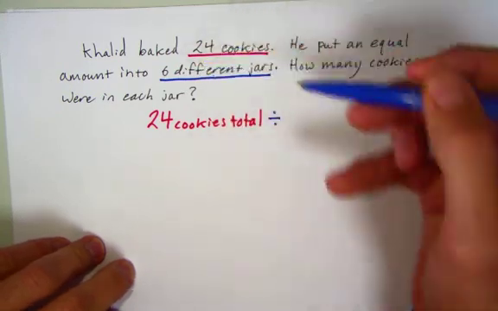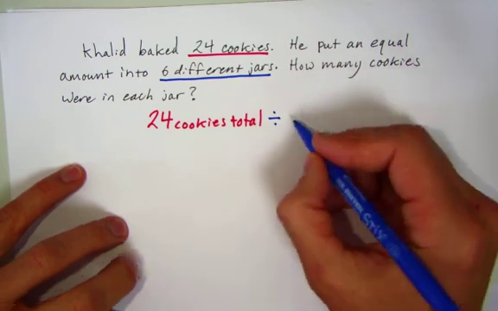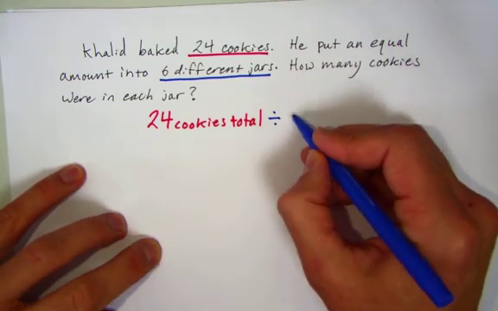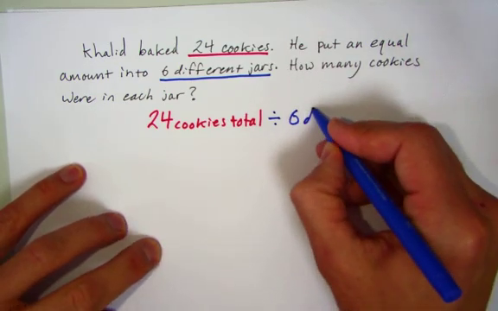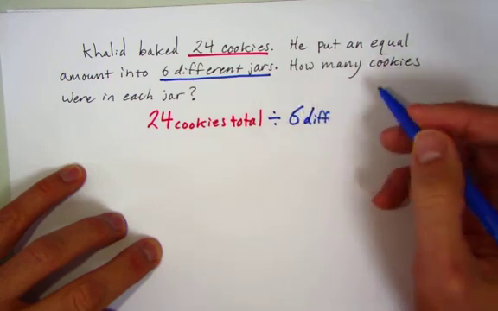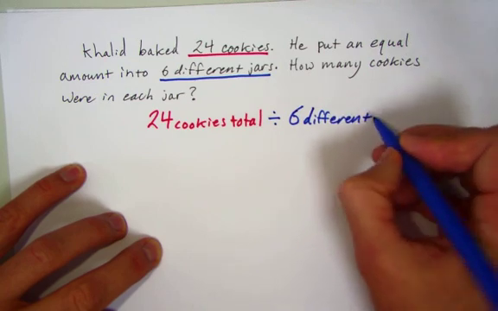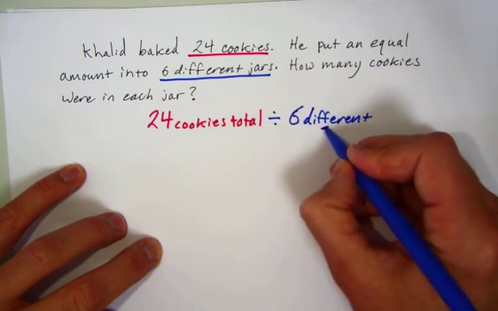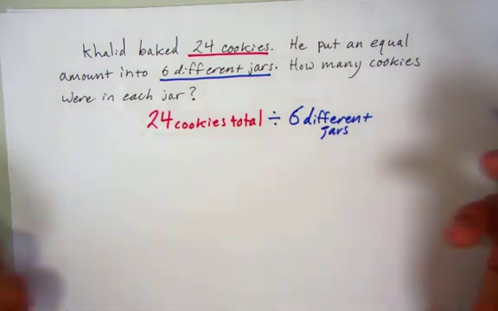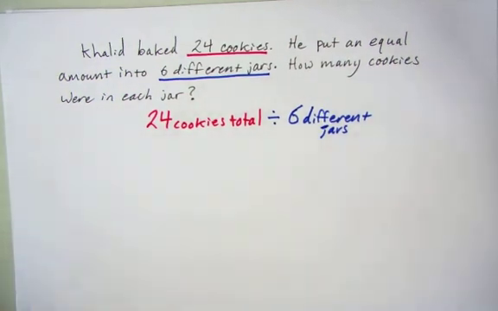We're putting them into 6 different jars. We're dividing them up into 6 different jars. So we put 6 different jars, or you can just put jars, that's fine. Jars. And we will then get our quotient right there. Okay, so that's our number sentence.